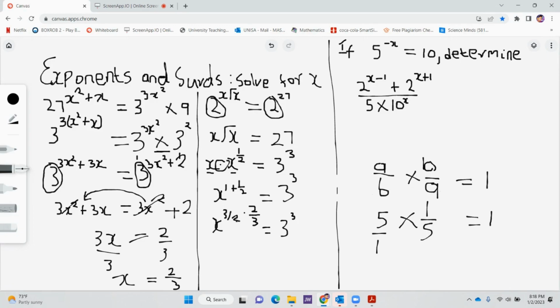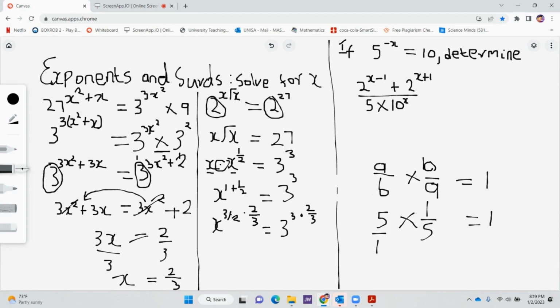To bring it back to balance, we need to do what we just did on the left-hand side to the right-hand side. We're also going to multiply the exponent on the right-hand side by 2 over 3.